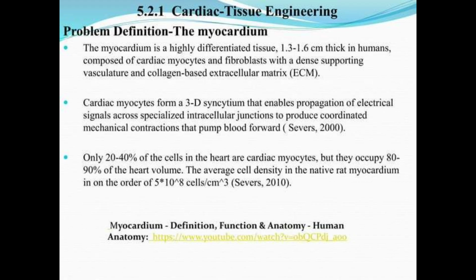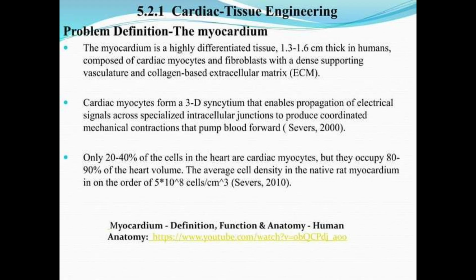The myocardium is a highly differentiated tissue. It is about 1.3 to 1.6 centimeter in thickness in human, composed of cardiomyocytes and fibroblast. It supports the formation of the vasculature, that is development of blood vessels and collagen based extracellular matrix.